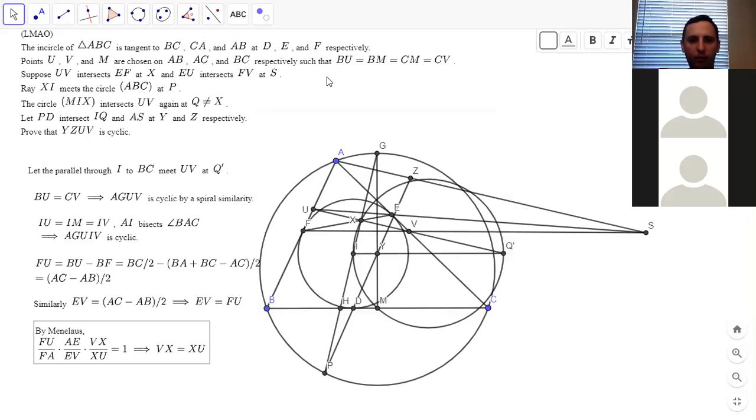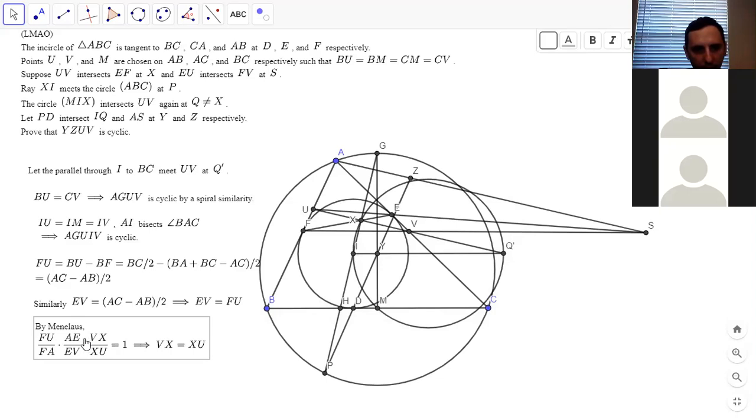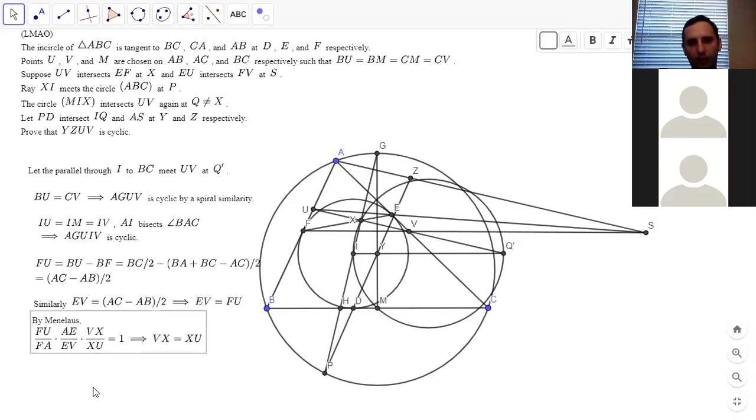And so once we know VX equals XU, then that means G, X, and I are collinear. Yeah, because we know AGUV is cyclic.